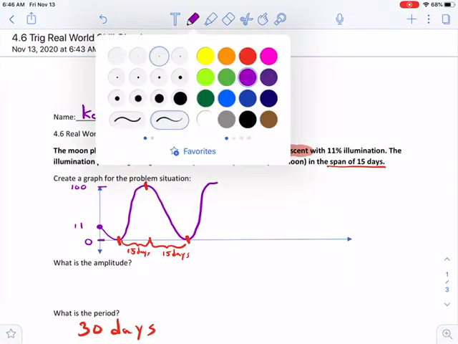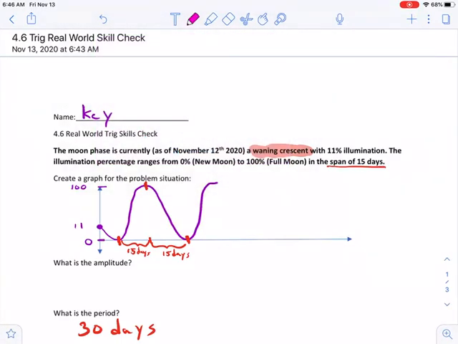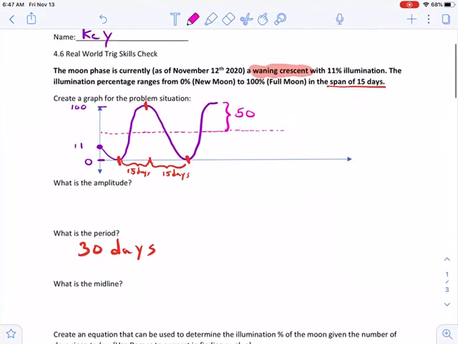Our amplitude is going to be the distance from our midline to our maximum, or our midline to our minimum. So in this case, our amplitude, this distance, is 50, and that's because it kind of goes hand in hand.